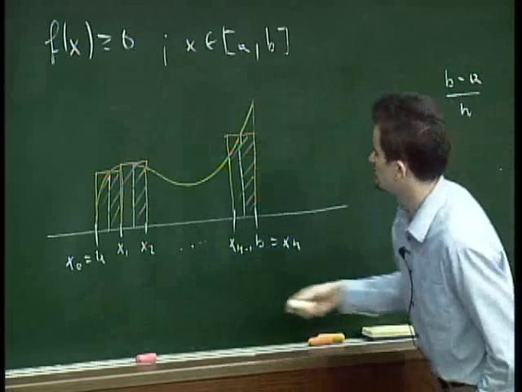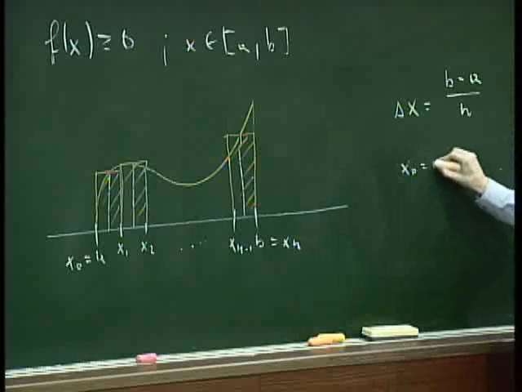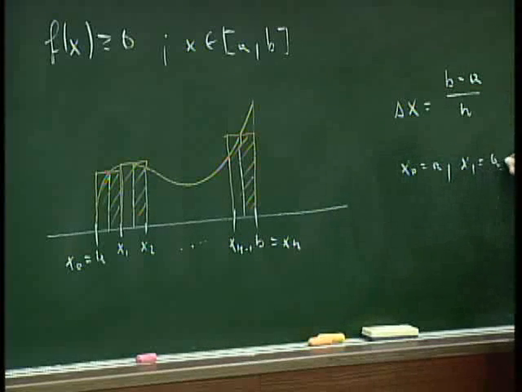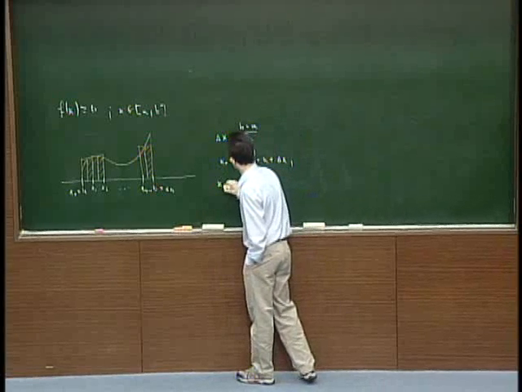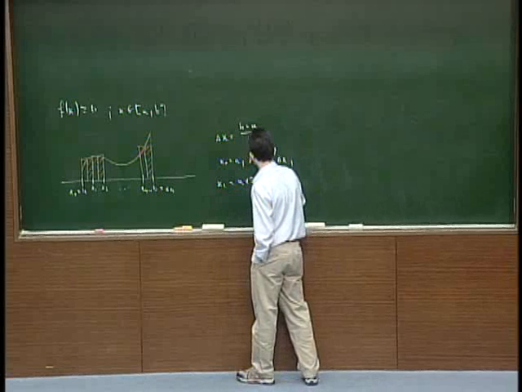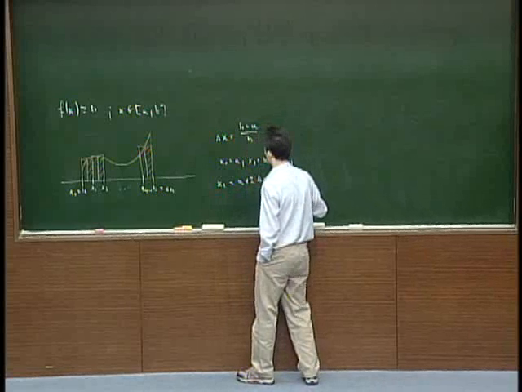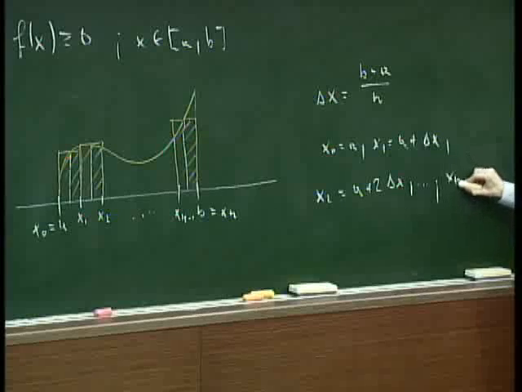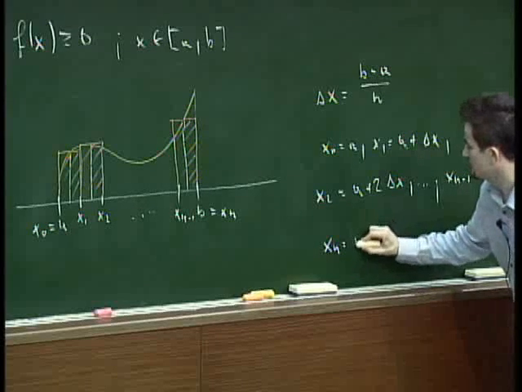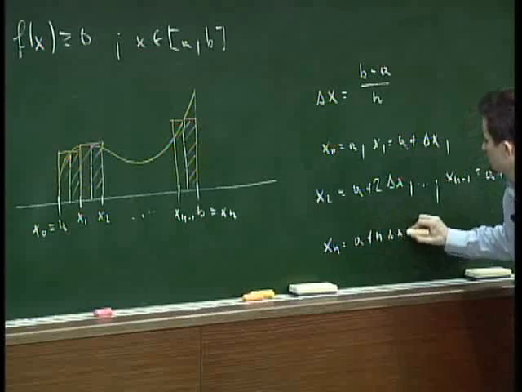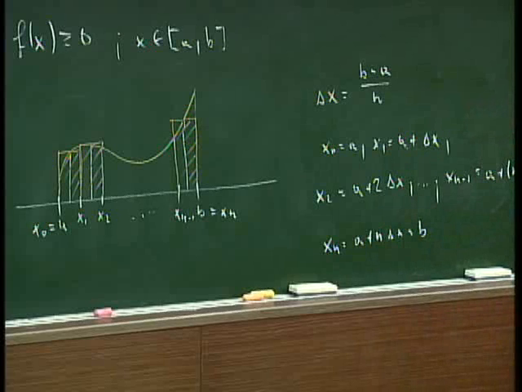This means that x0 is indeed a, x1 is a plus delta x, then x2 is a plus 2 delta x. And we go on like this, and then x_{n-1} is a plus (n minus 1) delta x, and finally x_n is equal to a plus n delta x, which is equal to b.